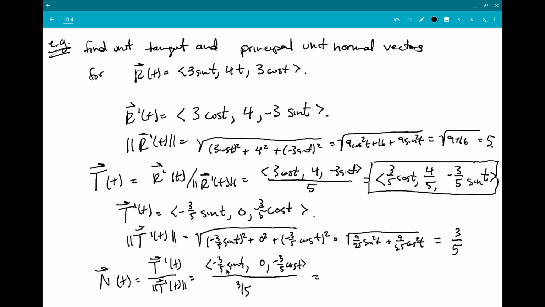So when you divide 3/5 by 3/5, that's just going to cancel out, and you're left with minus sine t. 0 divided by any number is still 0, and then the 3/5 cancel out, minus cosine t.